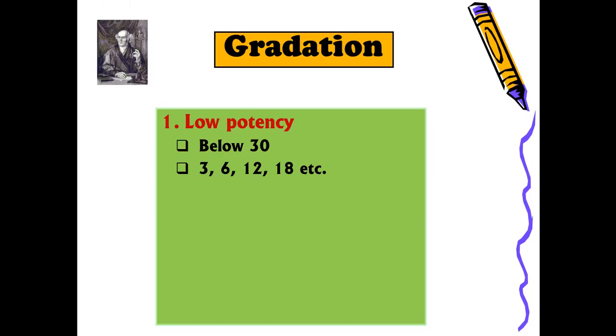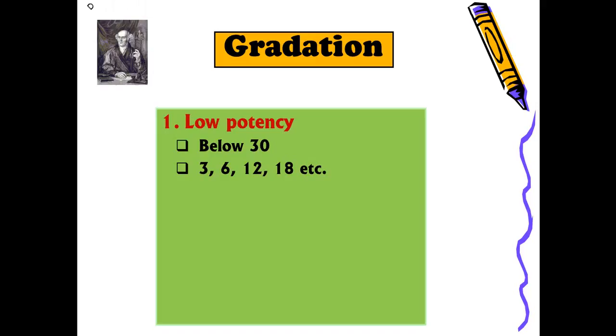Now about gradation. Normally whenever we say he uses high potency, he uses low potency, so the potency is to be categorized into 3 grades. One is low potency. We must be clear in our mind what a low potency is. As per one concept, it is a potency below Avogadro's number.